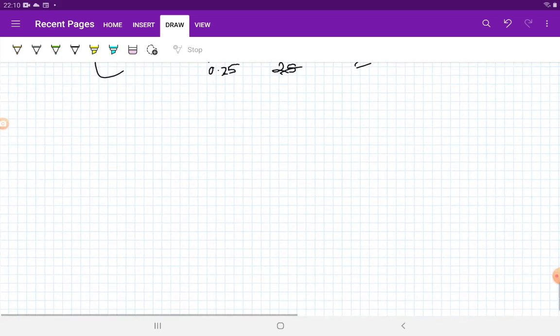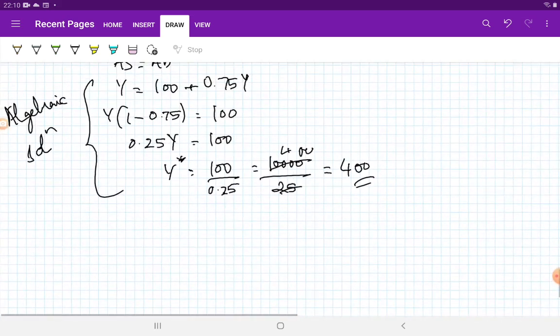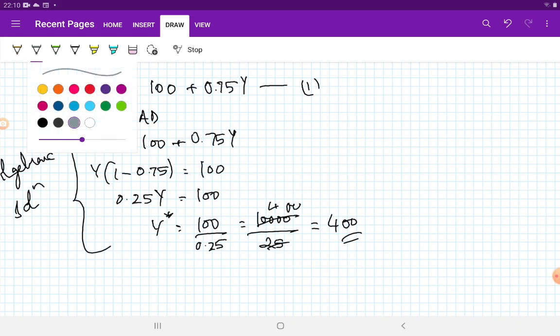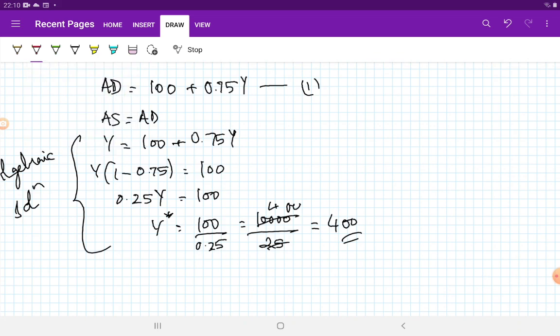Well, graphically, what we have to do is we have to plot the aggregate demand curve, which will be equal to C plus I plus G, and we have to see where it intersects with the aggregate supply curve.